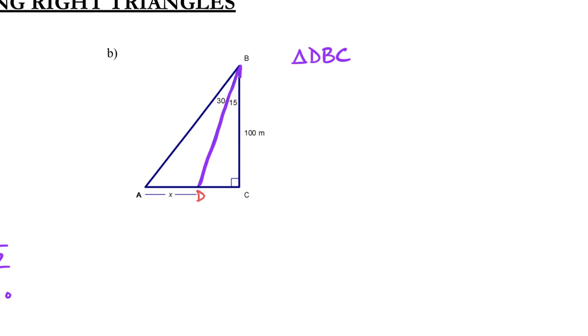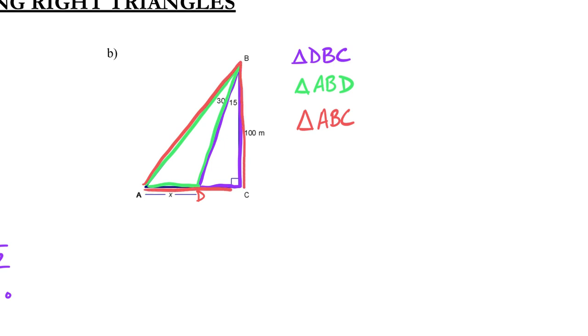D to B to C. There's my purple triangle. I would hope that we can also see triangle ABD. We already highlighted that one in green earlier. Hopefully we can see that. But then we also don't lose sight: we have this big triangle ABC if we put those two triangles together.